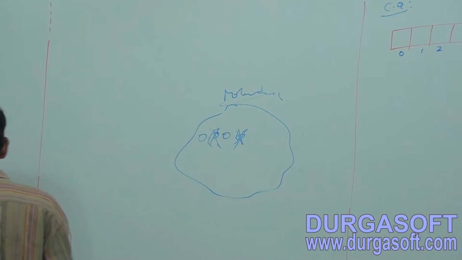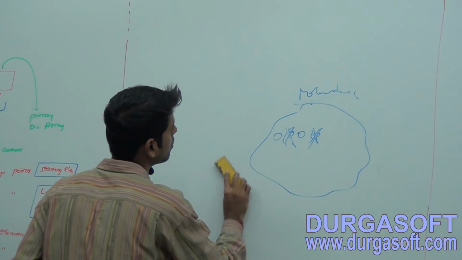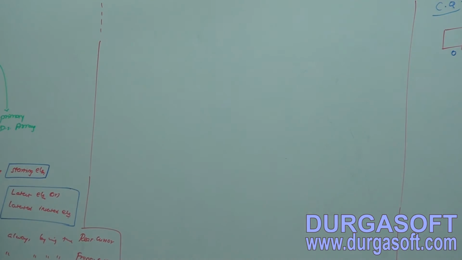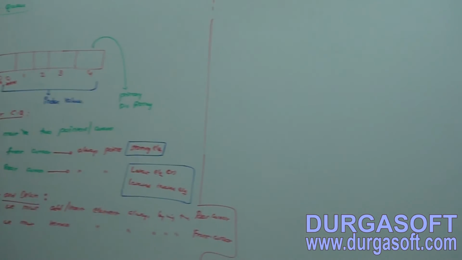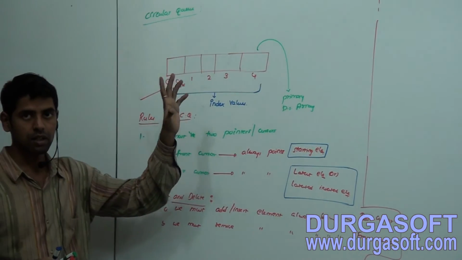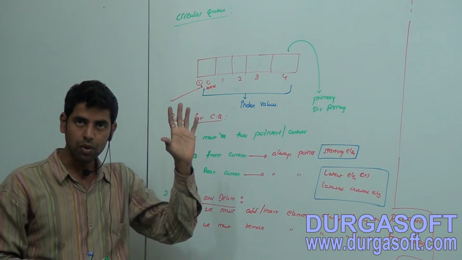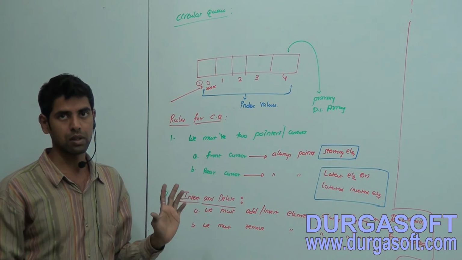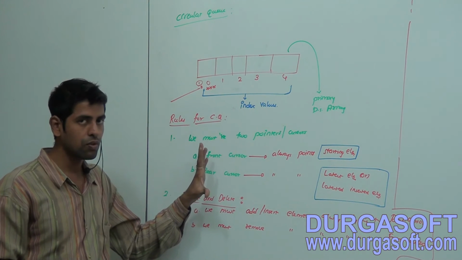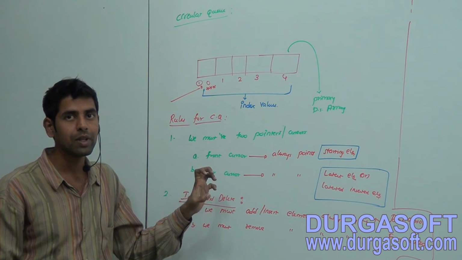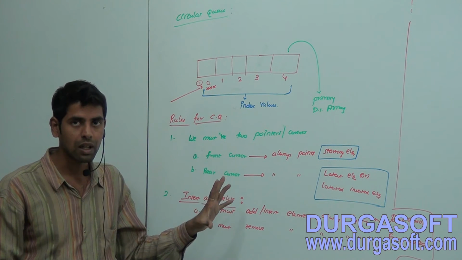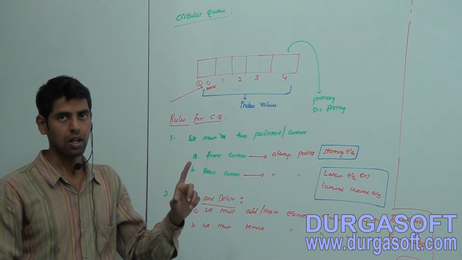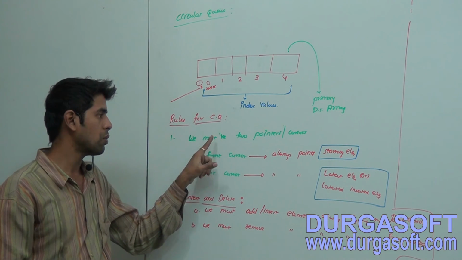Now observe here. First rule, friends: if you want to develop any algorithm, there will be rules for any data structure, given by the programmers. You have to first understand those; they are the requirements and objectives for a particular data structure. So as part of the circular queue, what are the rules?